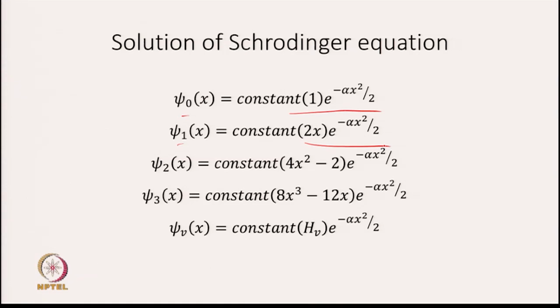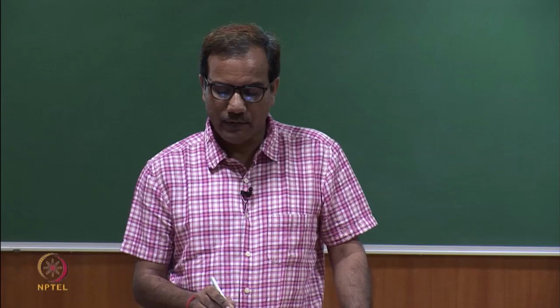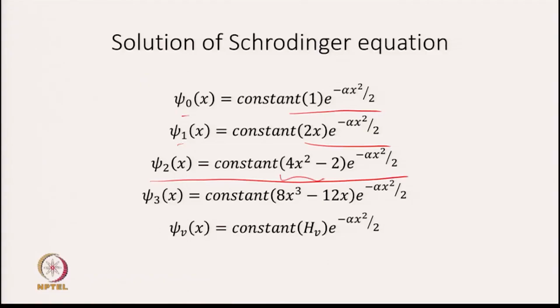Similarly, we also looked at the solution when V is equal to 2, and what we found is that the solution is 4x square minus 2 multiplied by exponential minus alpha x square by 2. Similarly, for V is equal to 3, the solution is a constant multiplied by 8x cubed minus 12x multiplied by exponential minus alpha x square by 2.